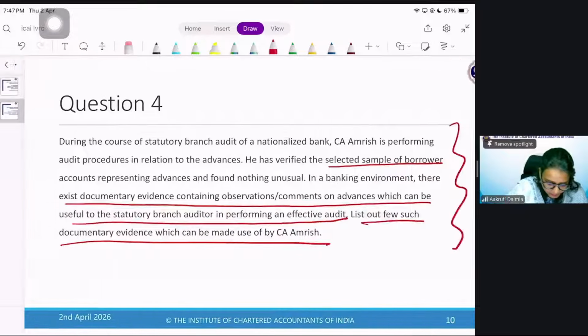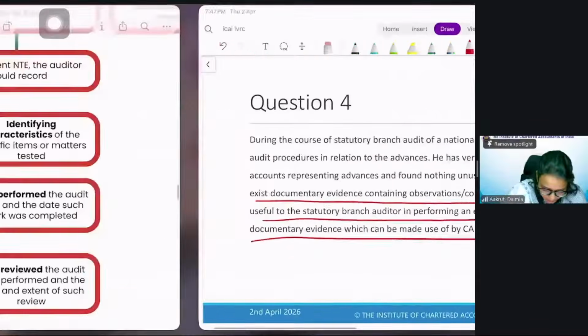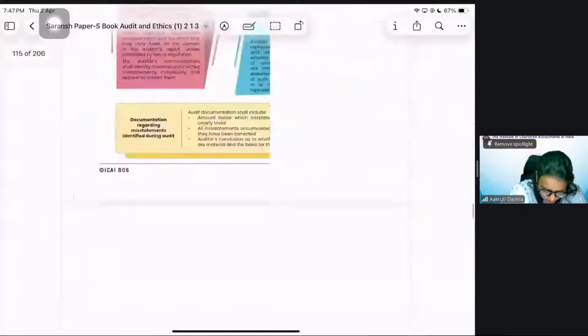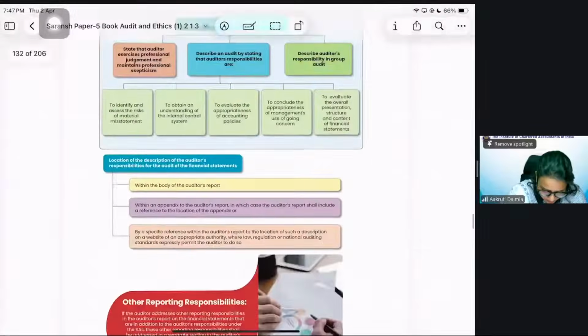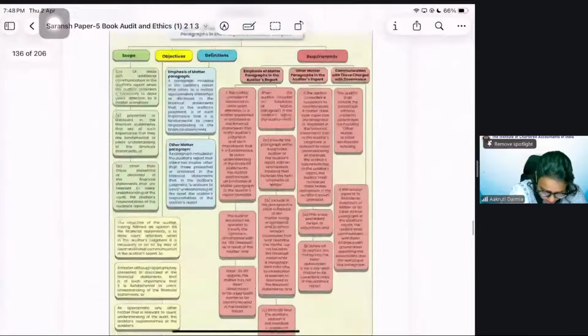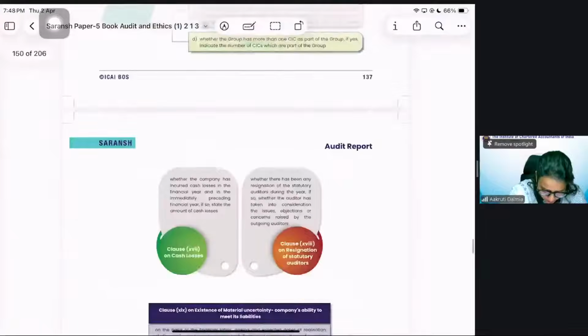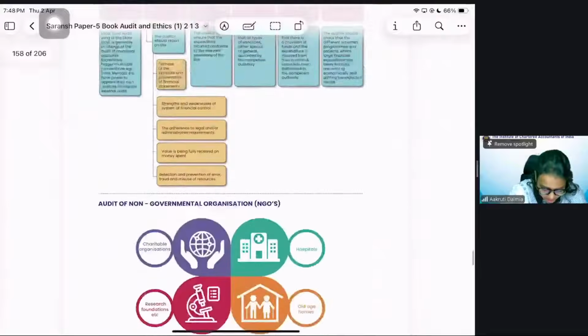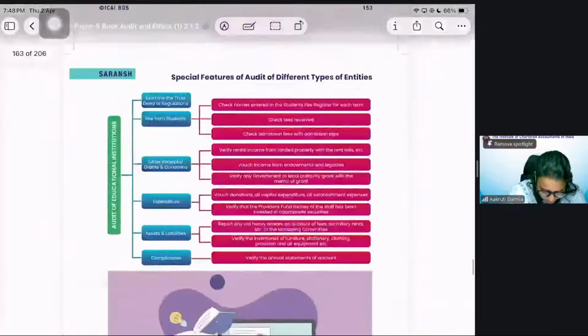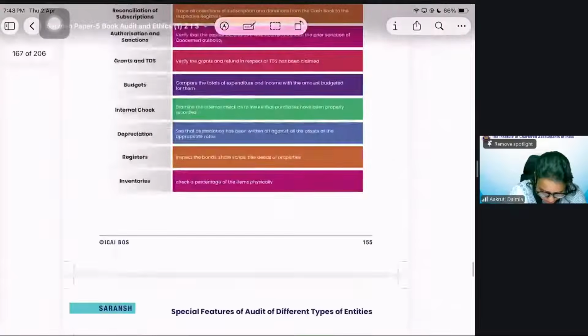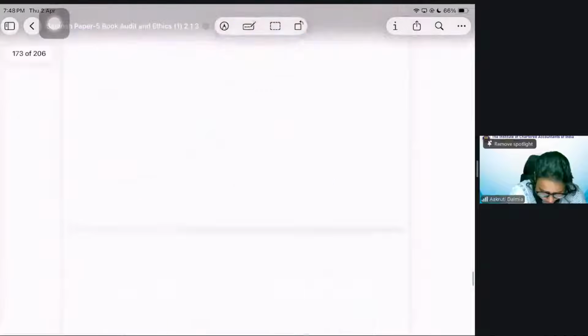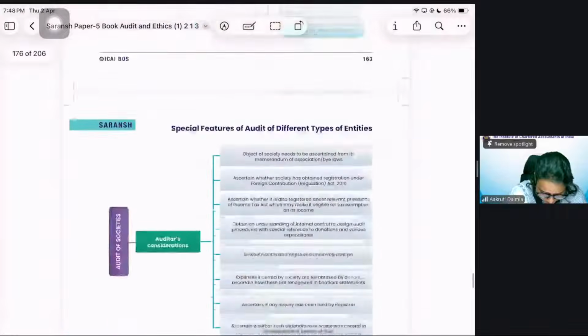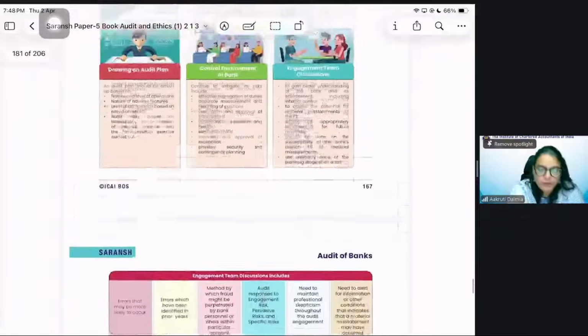Meanwhile, I'll also open the Saransh. Pooja has given the answer. Anyone else? Yeah.